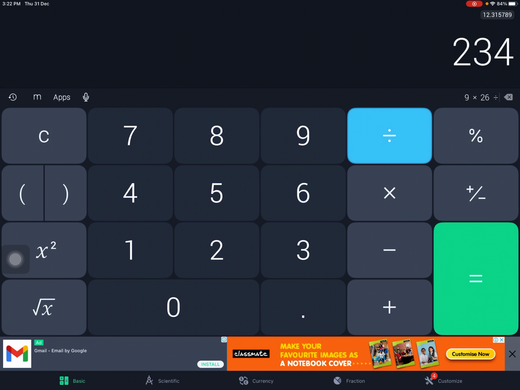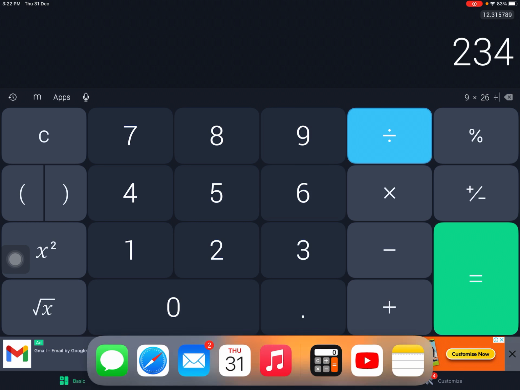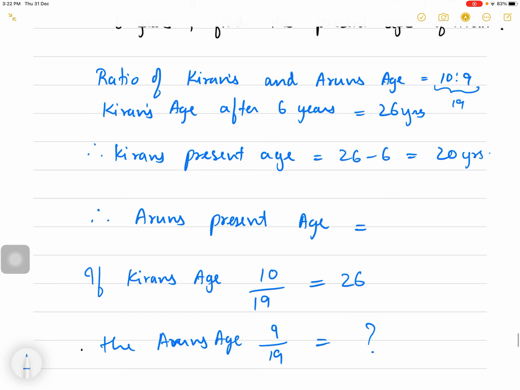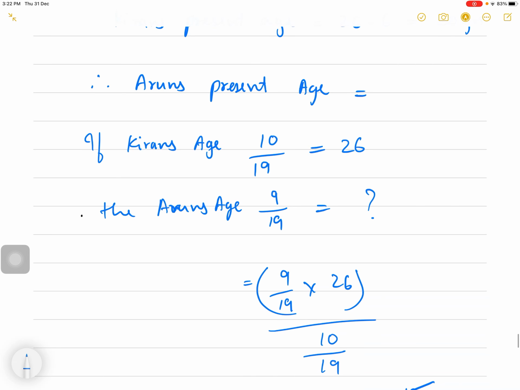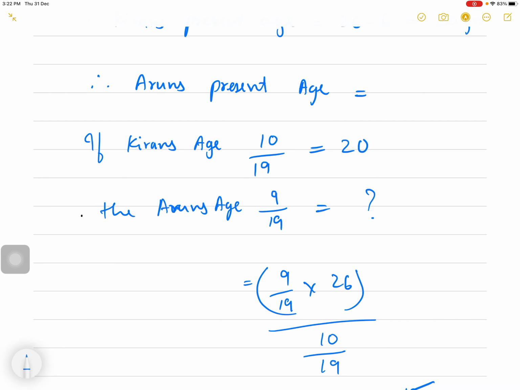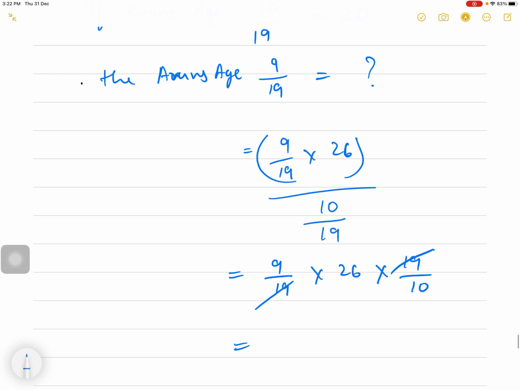9 into 26 divided by... just a second. Kiran's present age is 20, not 26. I'm so sorry. Kiran's age is 10 by 19, which is 20, not 26.